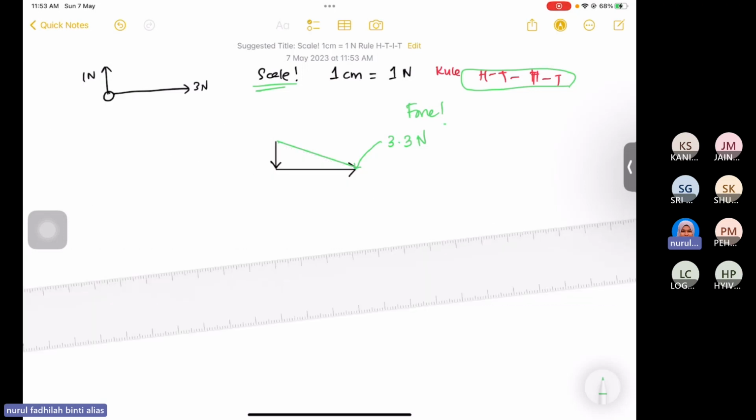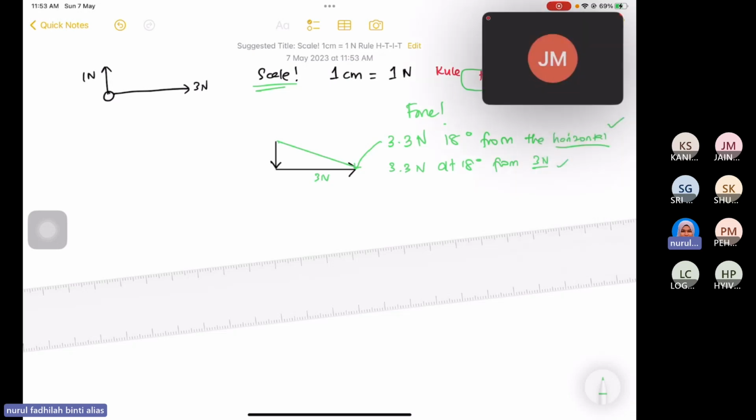So 3.3 Newton, 18 degrees from where? We measured 18 degrees from which direction? From the horizontal. Or there was a student who answered like this, which is also correct: 3.3 Newton at 18 degrees from the 3 Newton force. So horizontal, the 3 Newton is the horizontal one.